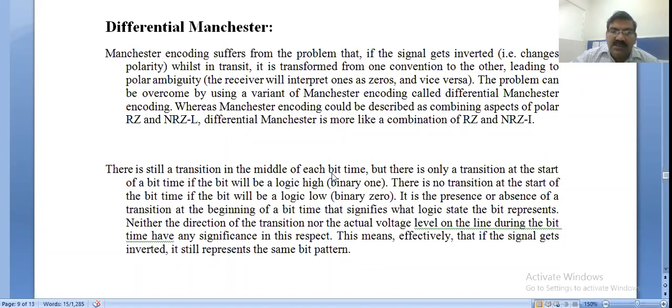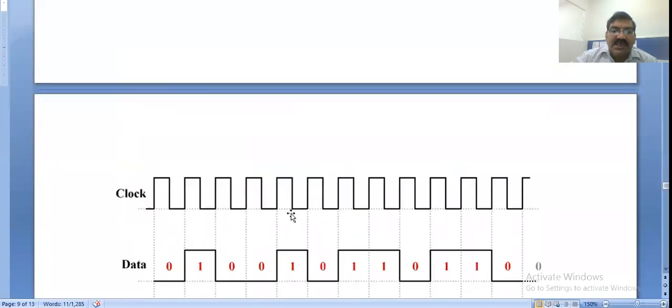So there is only a transition at the start of the bit time if the bit is a logic high, that is the binary 1. Let's check.